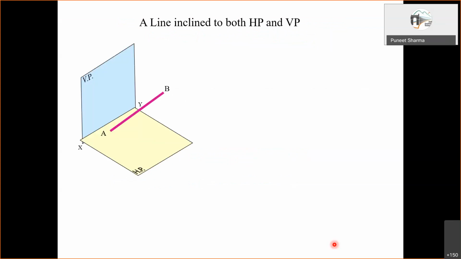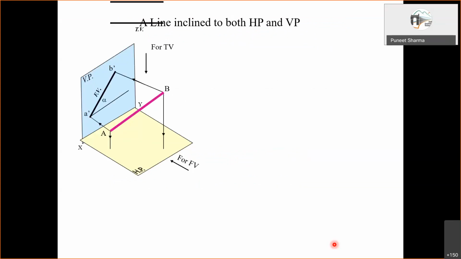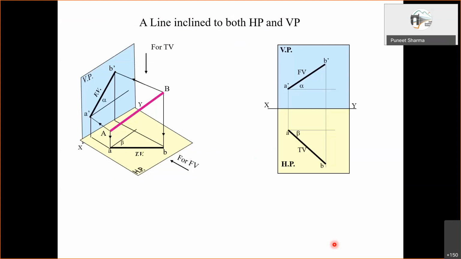So this gives us the case of line AB inclined to both the planes, right? None of the inclinations are true inclinations. So now how do we proceed? That is the question. Earlier, what we used to do, we used to locate this A dash and A, right?